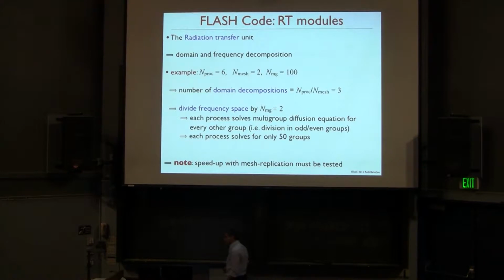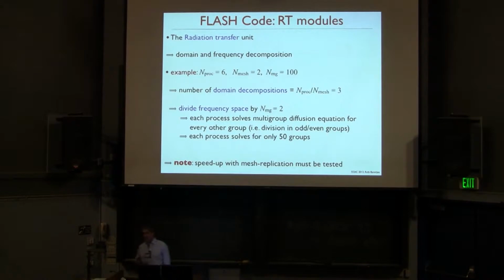Usually the number of copied meshes is of course 1. So if you don't use this module, you will divide your entire simulation domain by 6 rather than by 2. And then of course you divide your frequency space by this number. That's actually a typo, that should again be the mesh count here.